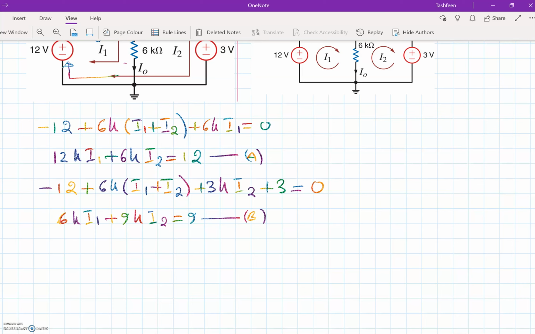So now we have two equations and two unknowns, and we can solve for them.